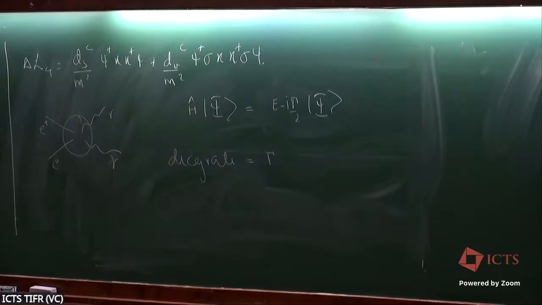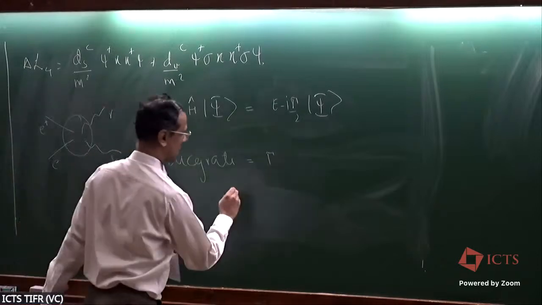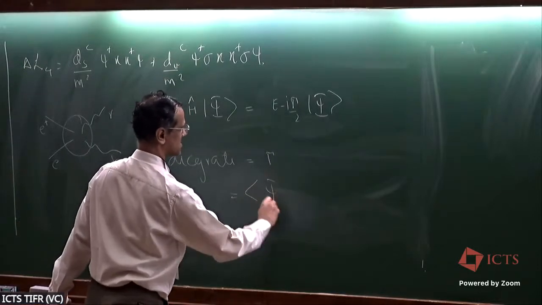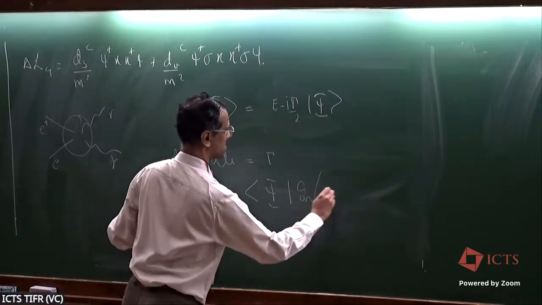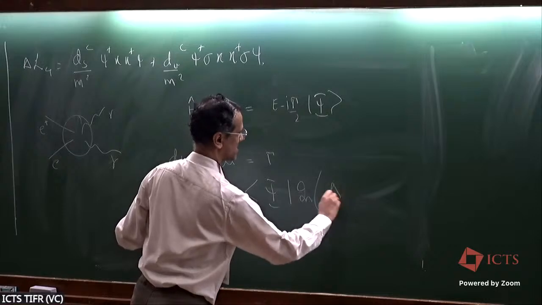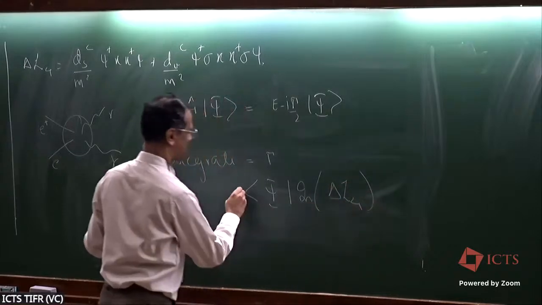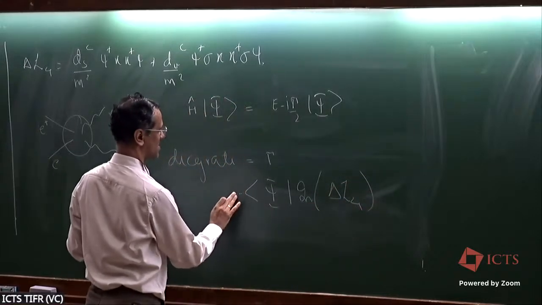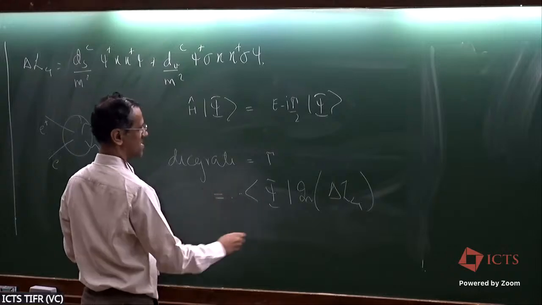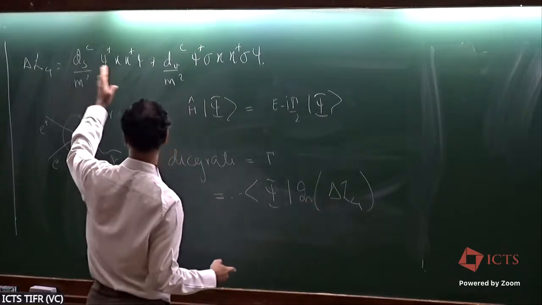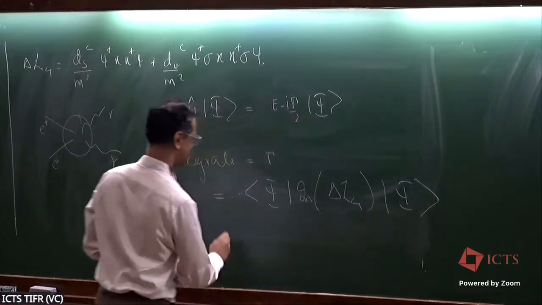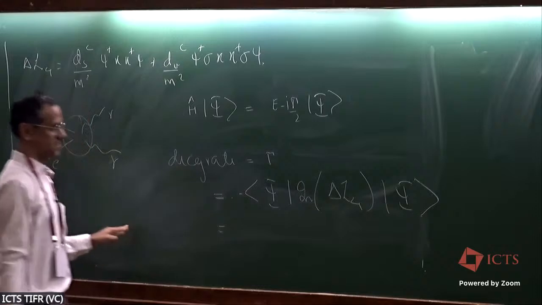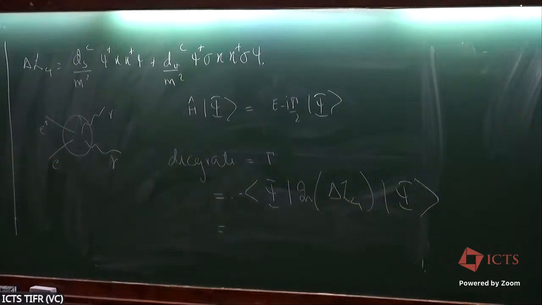So in fact, this gamma I can simply calculate from the imaginary part of delta L four. There's a minus sign because L is related to H by a minus sign. Okay, yes, good. So let me step back.